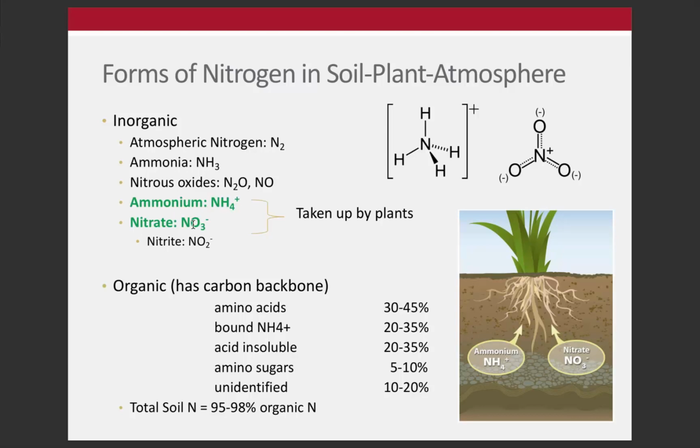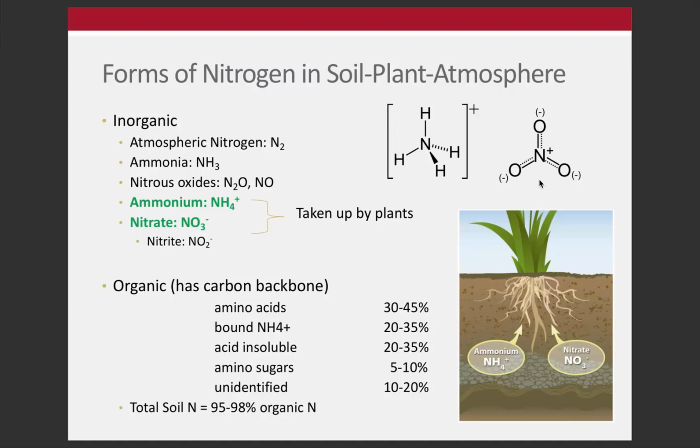And nitrate, NO3-. And then of course there's nitrite, which is kind of a species of nitrate. But really, ammonium and nitrate, NH4+ and NO3-, are the two primary forms of nitrogen that plants take up. The chemical forms are sketched here.